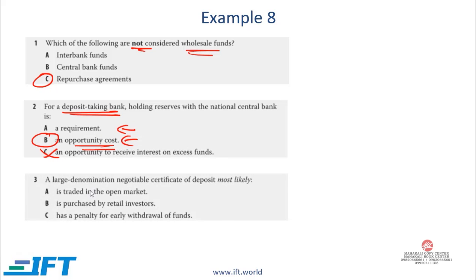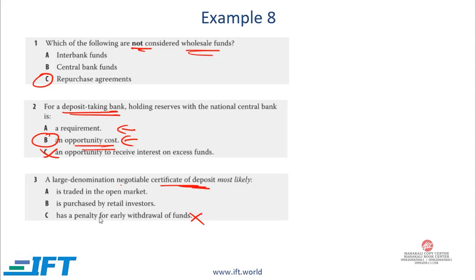A large denomination negotiable CD of deposit most likely is traded in the open market, is purchased by retail investors, or has a penalty for early withdrawal of funds. Here again, C is obviously not the right answer.